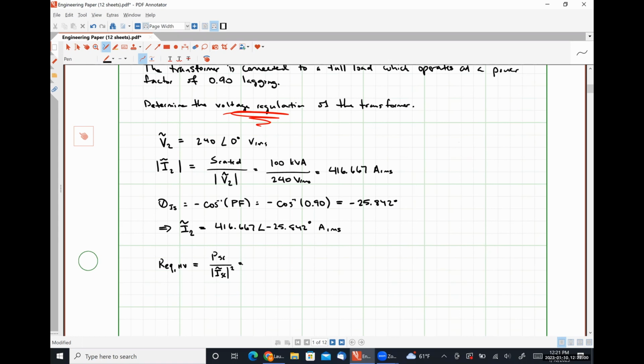So that's going to be 1,420 watts divided by 13.889 amps RMS quantity squared, which comes out to be 7.361 ohms.